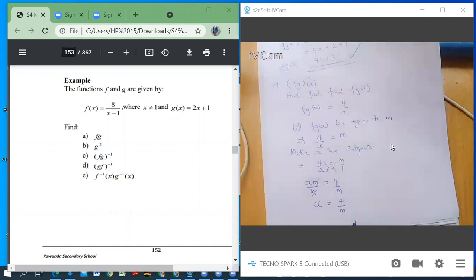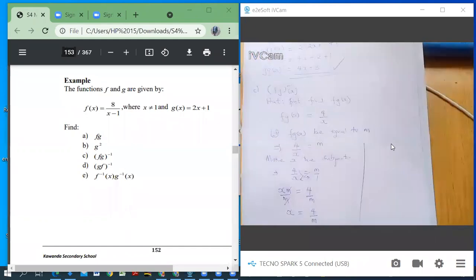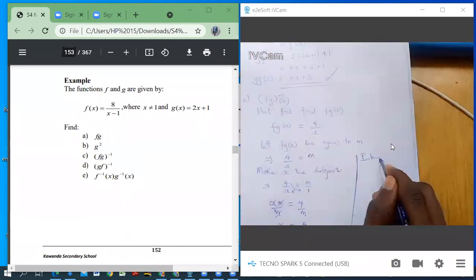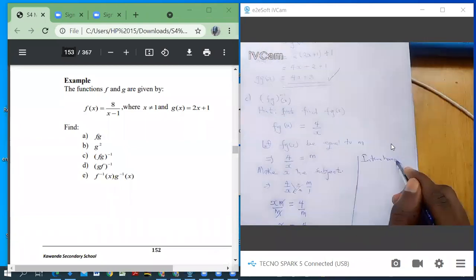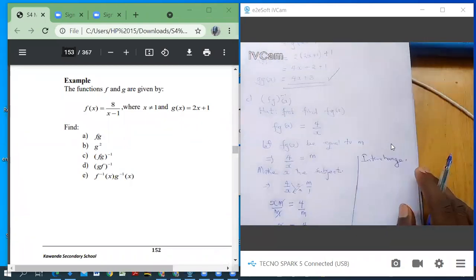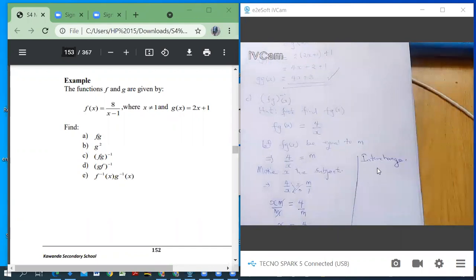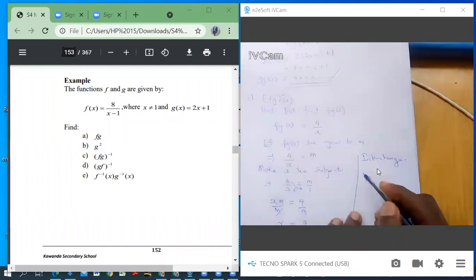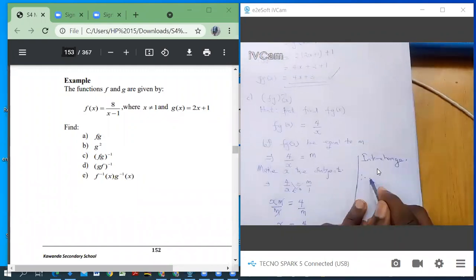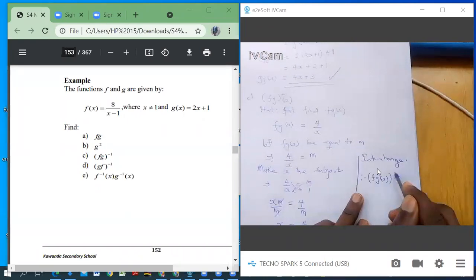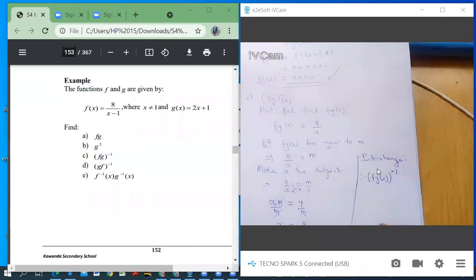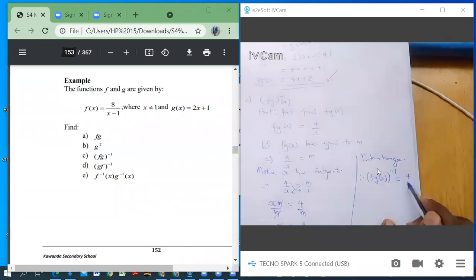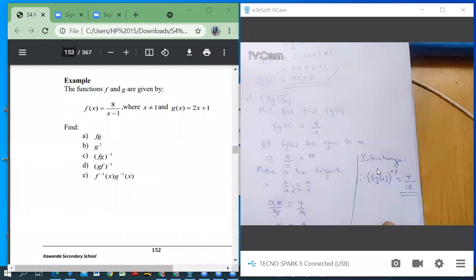After that, what next? We interchange. Immediately after interchanging, the function that you get is already the inverse, the opposite of that function. Therefore, the inverse of gf of x is equal to 4 over, well, there's m now, we replace it with x.